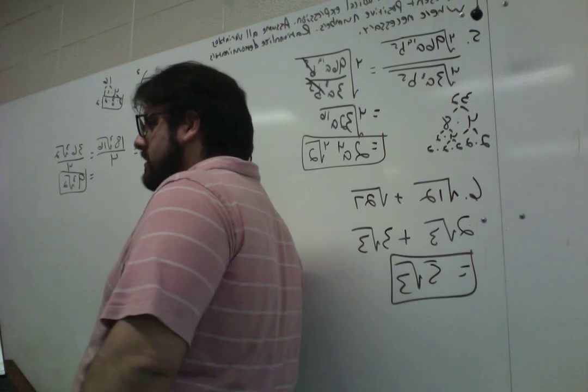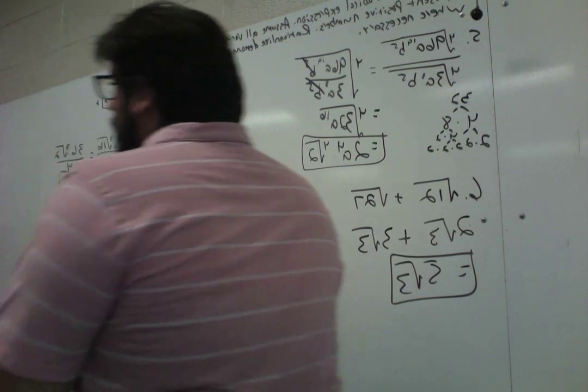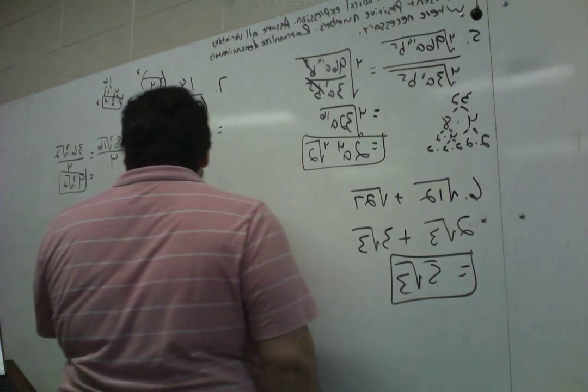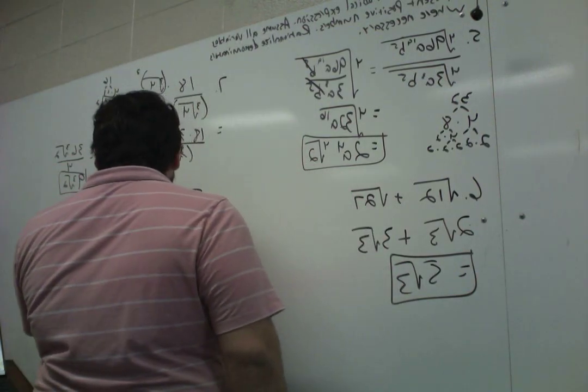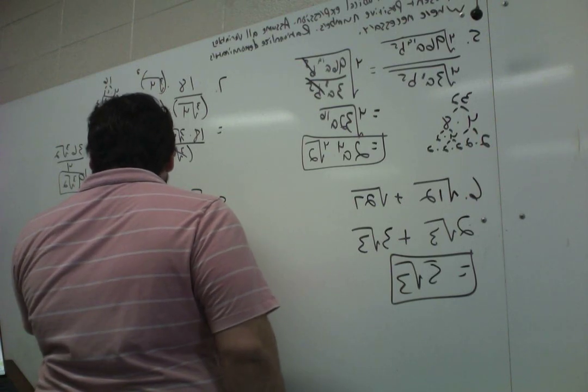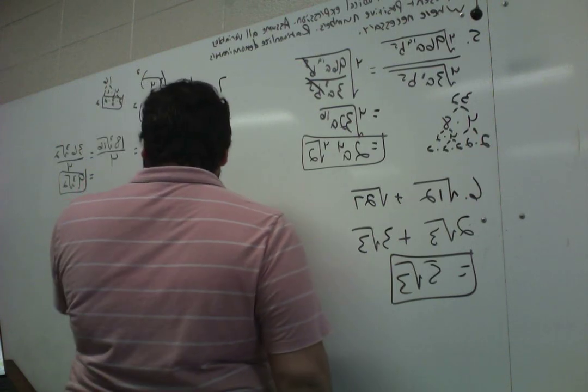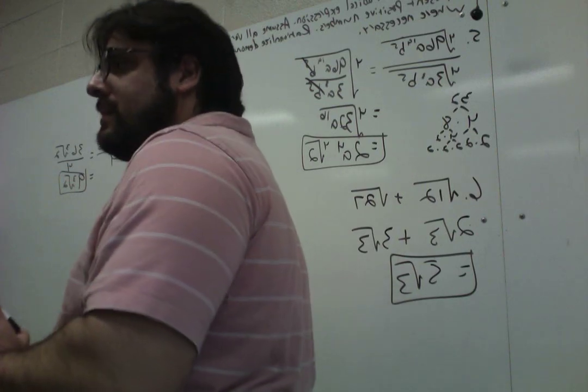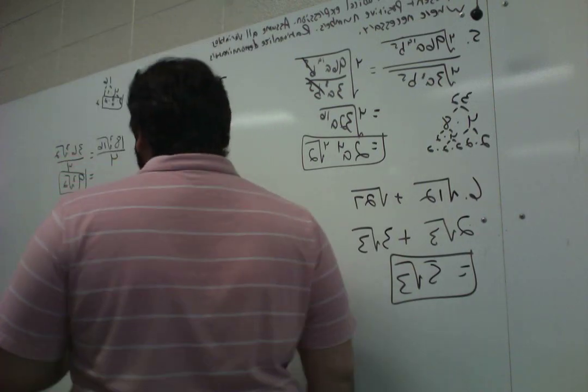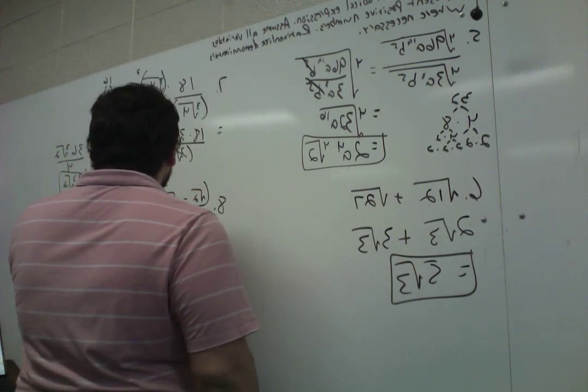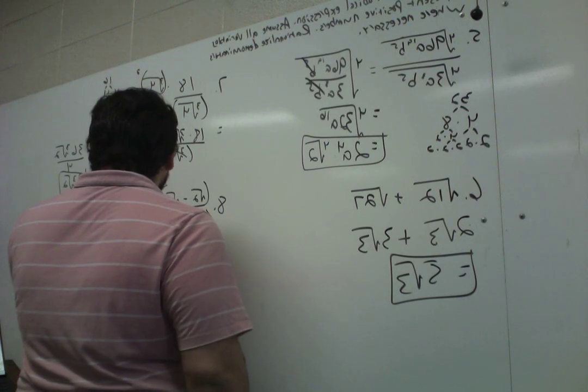I need the conjugate. I can multiply it by its conjugate, square root of 22 plus square root of 21. That's because this gives me a difference of squares, where each of those squares will cancel out the square root.